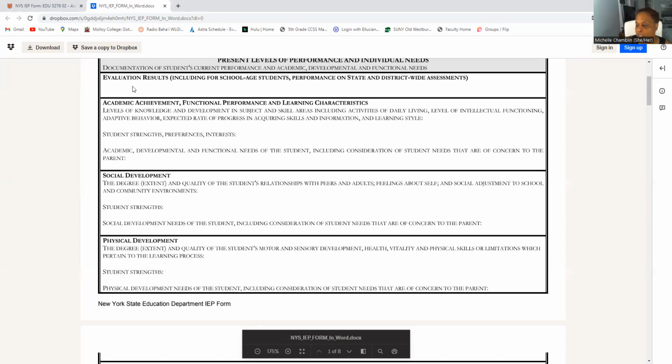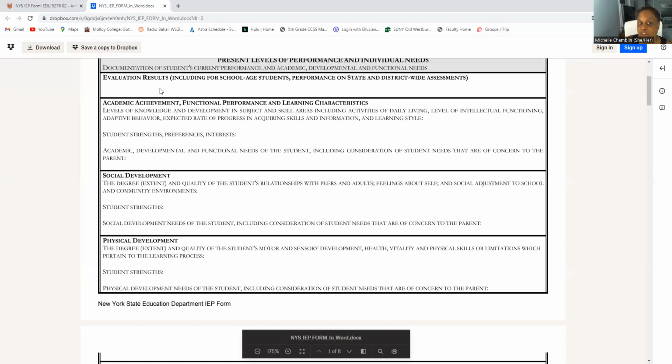So we might have the WISC, or we might have the Vineland. We may have tests of academic achievement. We might have different types of scales if we think that the student has behavioral concerns. In the behavioral domain, we might have the BASC, or we might have the Connors scale. So there are various evaluations that would be here.